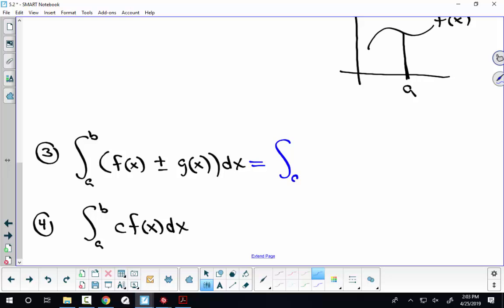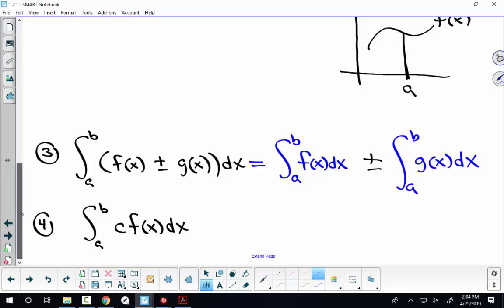This is equivalent to the integral from a to b on f of x with respect to x, plus or minus, whichever is present, the integral from a to b on g of x dx. Just like we saw with antiderivatives as well.